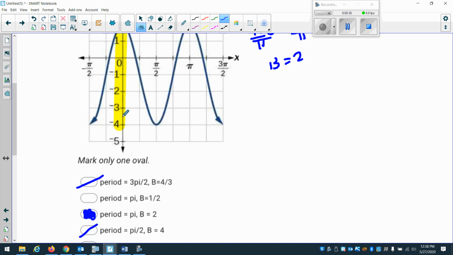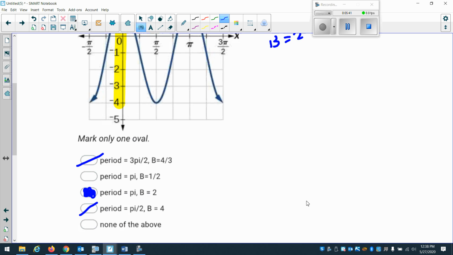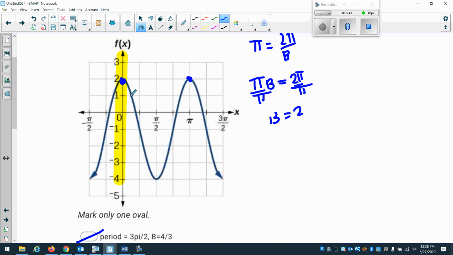Okay. So the next equation, using the graph, what type of graph and the amplitude? Well, it's a cosine graph because you're starting at the maximum. And the amplitude, well, first we have to find the midline. So we have 1, 2, 3, 4, 5, 6. 6 divided by 2 is 3. So 3 gives us the midline. So 1, 2, 3.